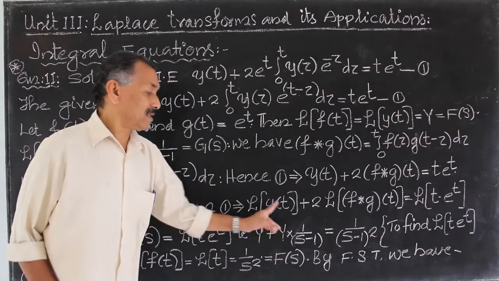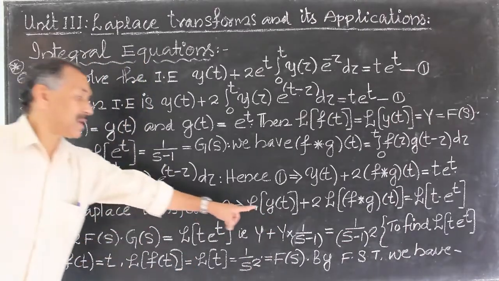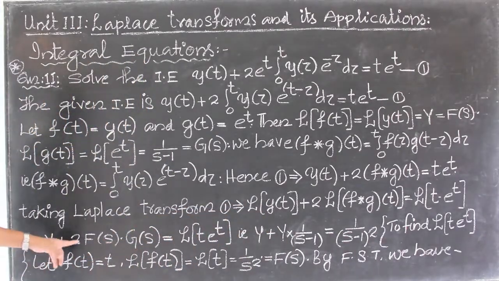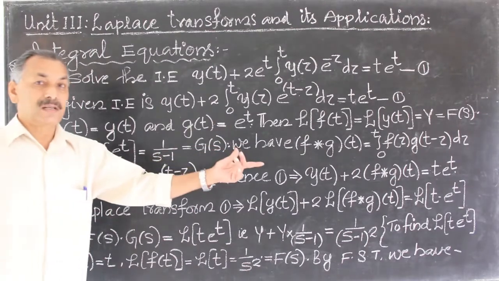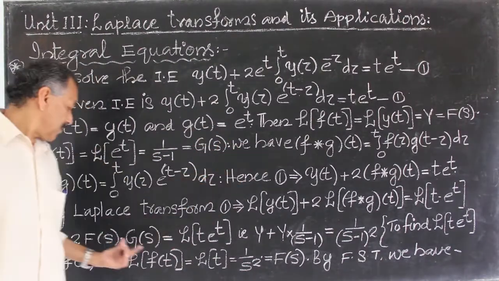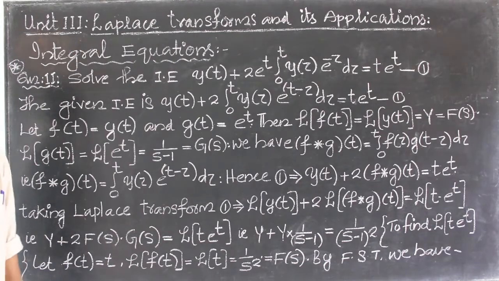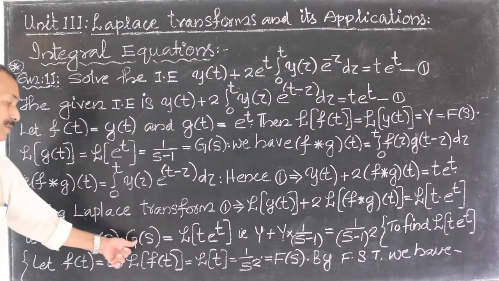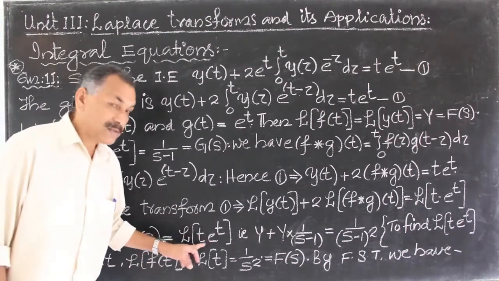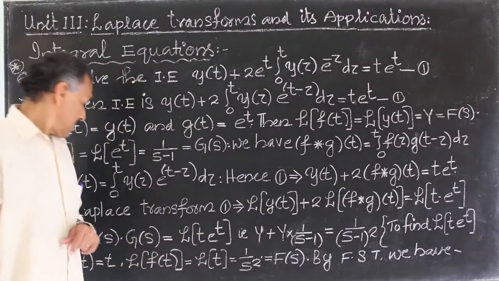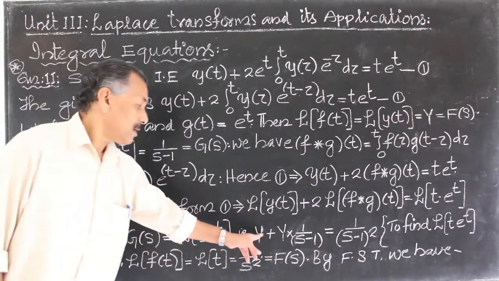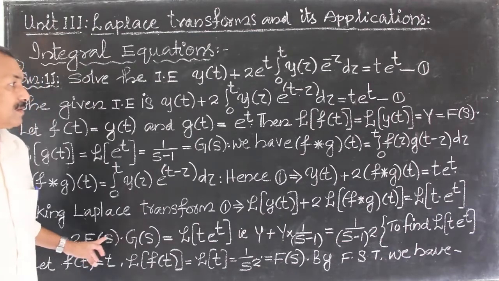Okay? Then what is L of y of t? The small y transforms to capital Y, plus 2 into the Laplace transform of f convolution g, which by the convolution theorem is f of s into g of s, equal to the Laplace transform of t e raised to t. That is Y plus 2 into F of s into G of s. What is F of s?